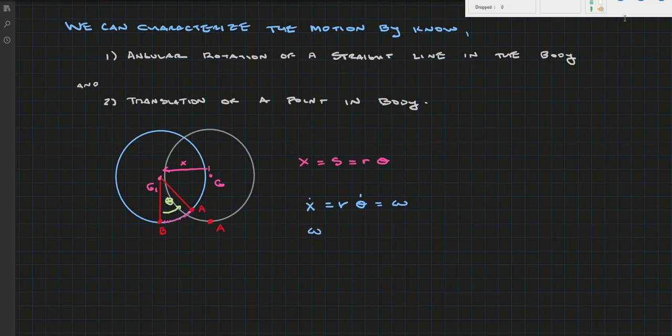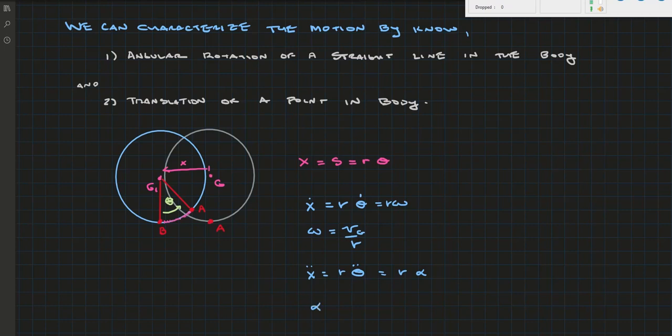So we could say that our angular rotation equals v over r. And this, of course, relates to the velocity of the center of gravity, just to generalize. We could take another derivative, so essentially x double dot equals r theta double dot, which equals r alpha, the angular acceleration.